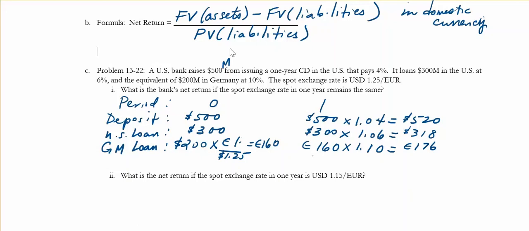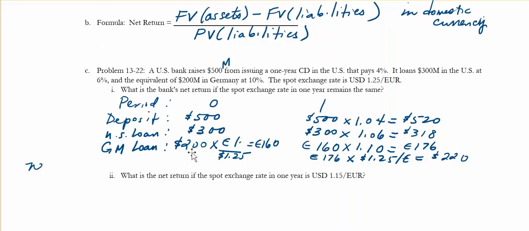And then when we convert it to dollars, because we're assuming that the exchange rate doesn't change, this would be worth $220 million, which we could have figured out by just multiplying 1.1 times 200, but later on we're going to see what happens if that exchange rate changes, and so it'll just be easier to look at it this way.